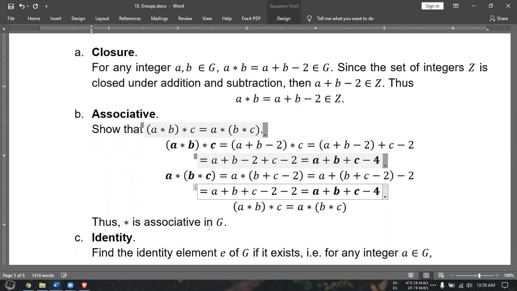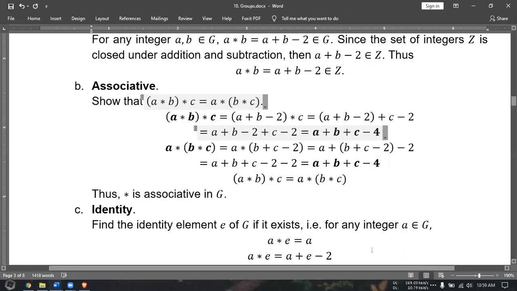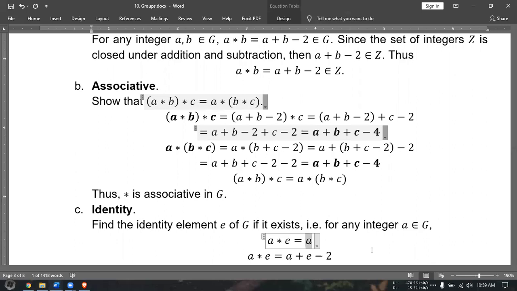By the definition of the identity element, for any integer or any element of G, A star E would result to the same element. Okay, using the binary operation only.